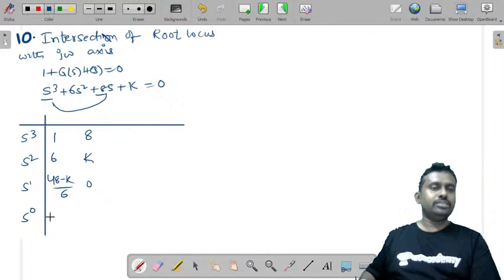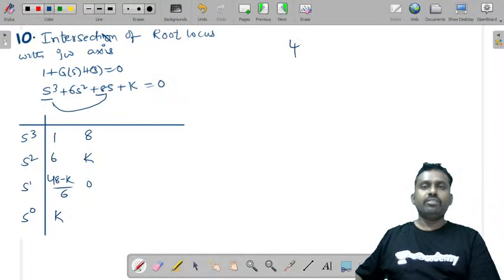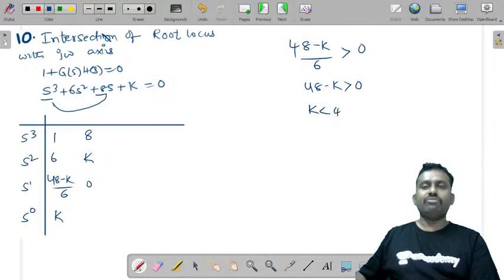To find this, you take 6 as A and K as B, 8 as C and 1 as D, and BC minus AD is this. So for stability, 48 minus K by 6 is greater than 0, 48 minus K is greater than 0, K less than 48, or the marginal value of K is 48.